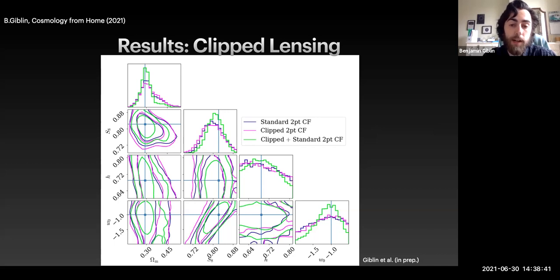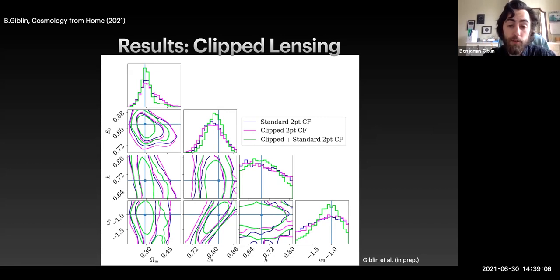And in green, you have the results for the combination of those 2 statistics. So the clipped shear correlation functions themselves, they don't provide more precise constraints than the standard analysis on their own. And that's expected given some of the work we did in the proof of concept analysis published in 2018.